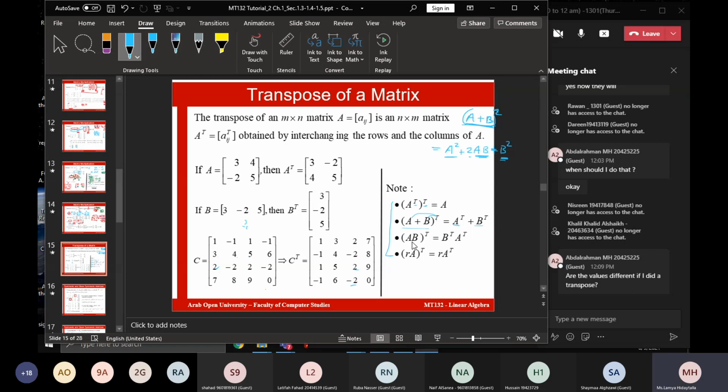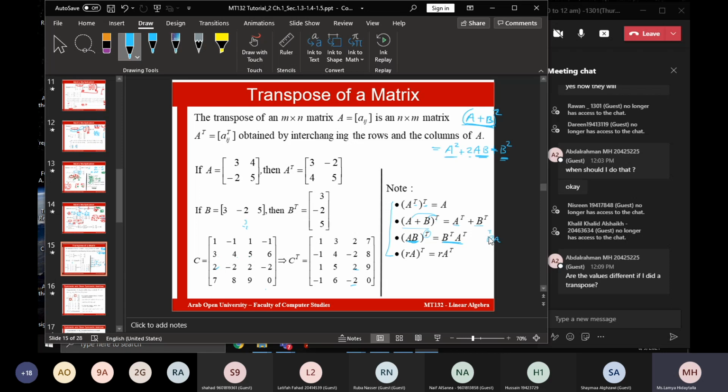Now another rule, okay? If we have a multiplication of 2 matrices and then we need the transpose of the new matrix, you can multiply the 2 matrices and then find the transpose. Or else, this is a rule. Flip, okay? Meaning you will take B times A, not A times B, and then find the transpose.